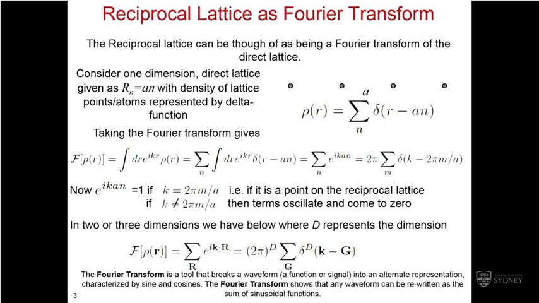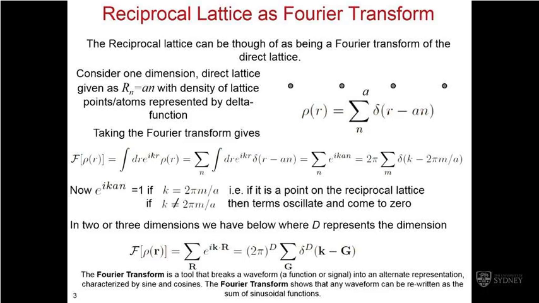When you take the Fourier transform of this row of R, you'll end up with an expression involving e to the i k a n. a is the real space spacing, remember? n is the integer, and k is the wave vector, which is equal to 2 pi n over a when it's a reciprocal lattice point.